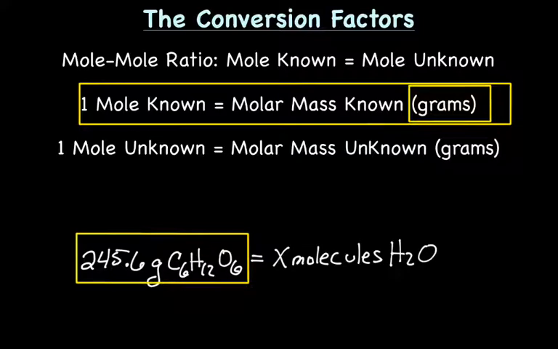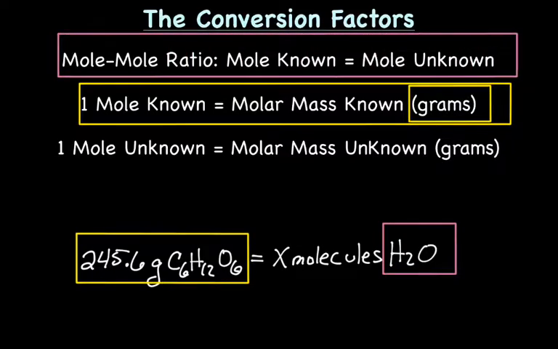Moles of our known. Now we can switch to our unknown. So we can use mole-mole ratio, mole of known to mole of unknown. And that's not going to get us to molecules, but let's stop there for a minute, and then we'll move forward. We'll finish up to here, and then we'll figure out what we should do next.